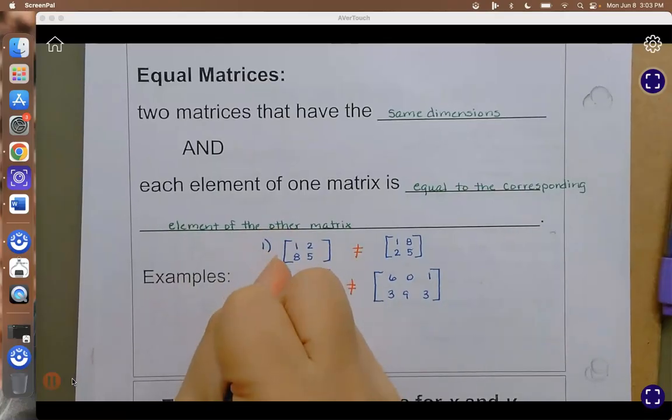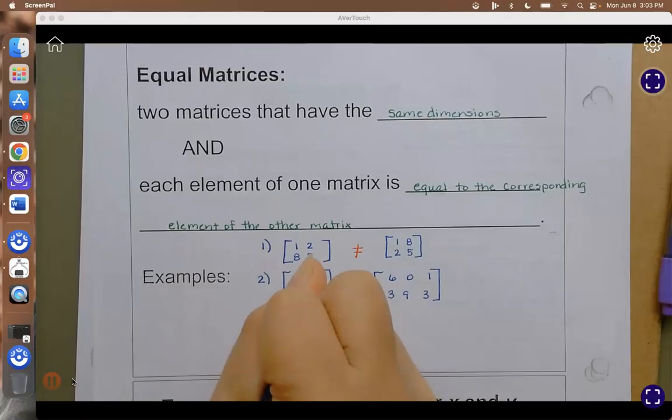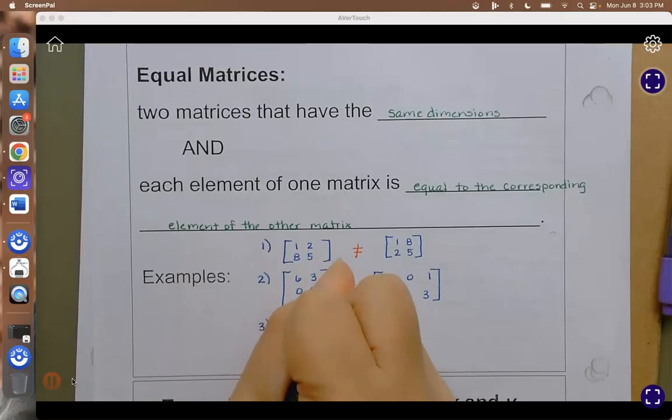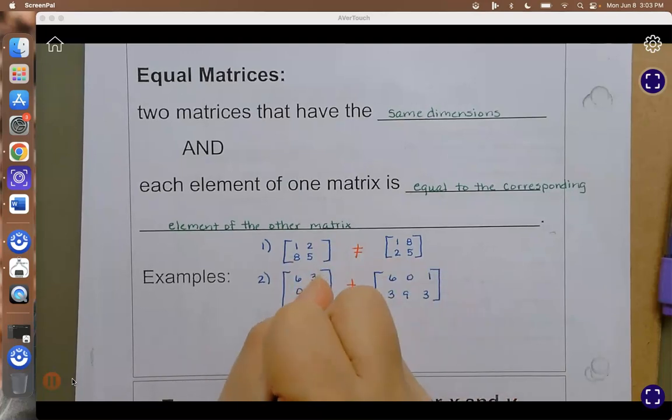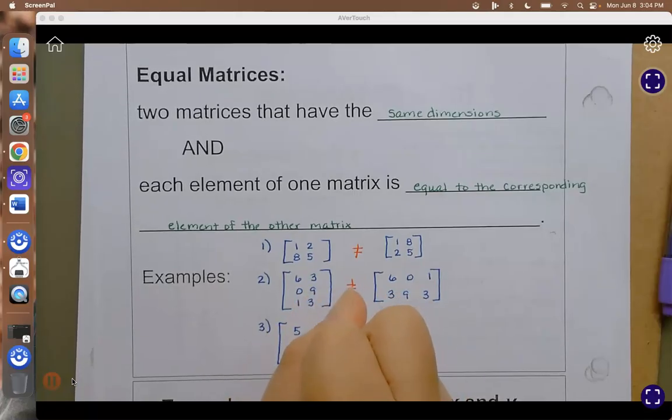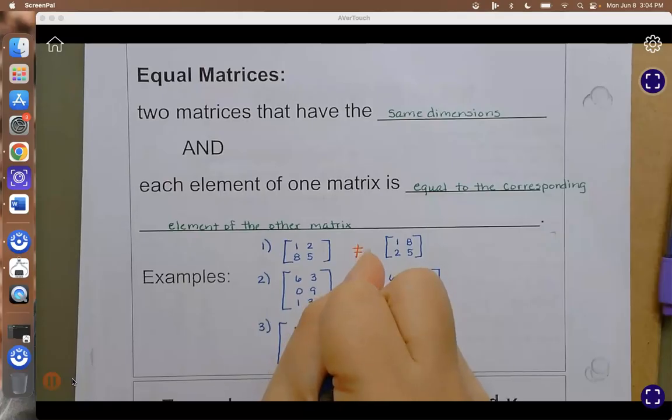Let's look at one more. So the first row is 5, 6, 0. Second row is 0, 7, 2. Third row is 3, 1, 4.